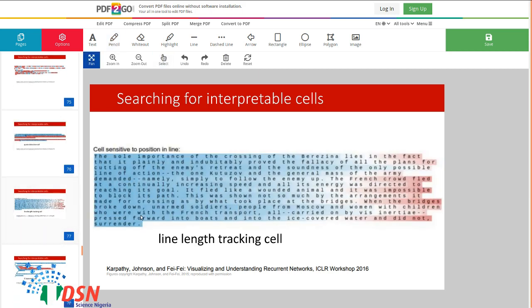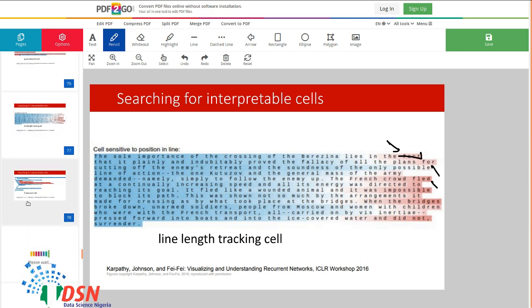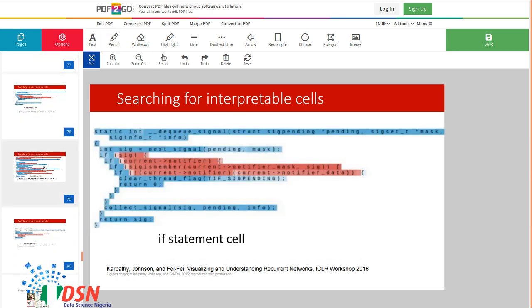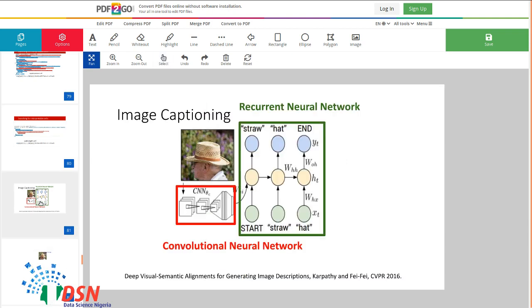Or if we have a line length tracking cell, the end of the lines are so important, so the activity of the cell is so high at the end of the lines, and so on. So we have different examples of this.